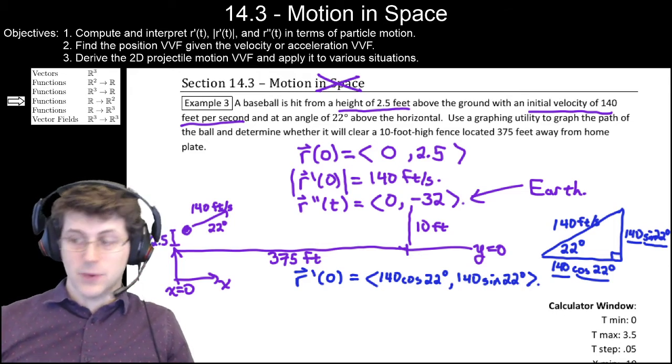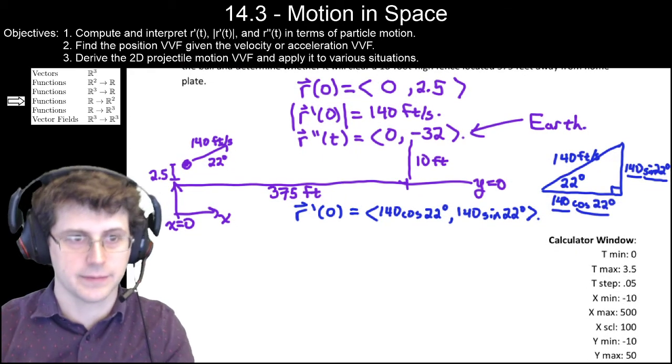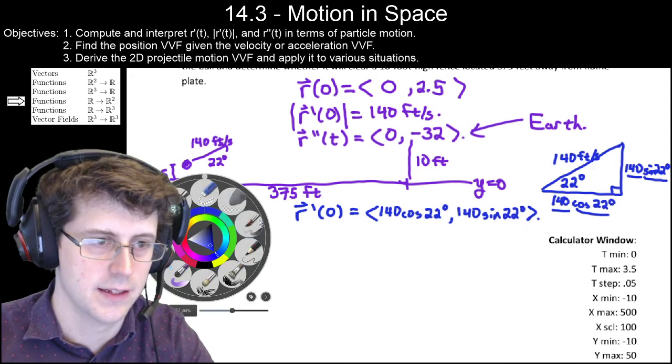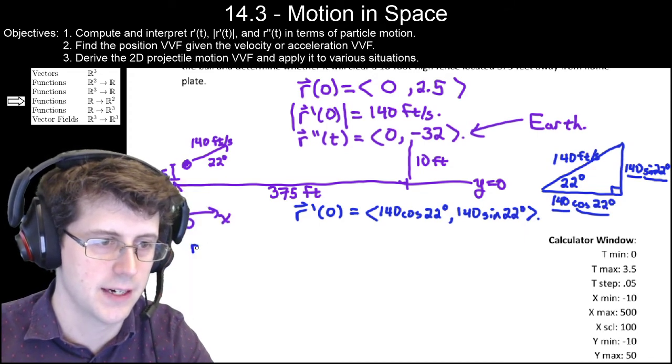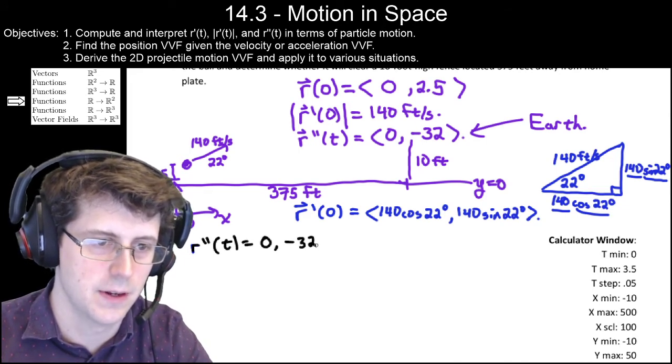So let's figure out what r of t is, and then we can get a calculator to draw it for us. So I've got the acceleration vector here. Well, let's go back to some other color. So the acceleration vector was 0, minus 32.